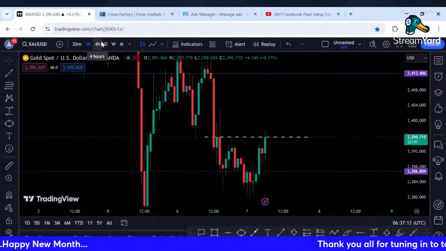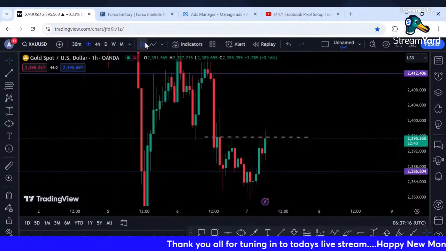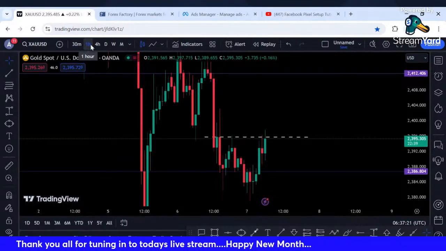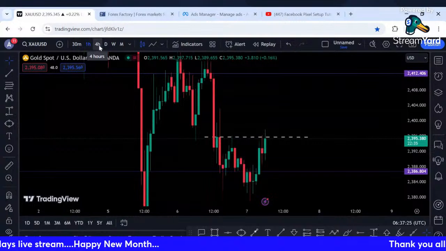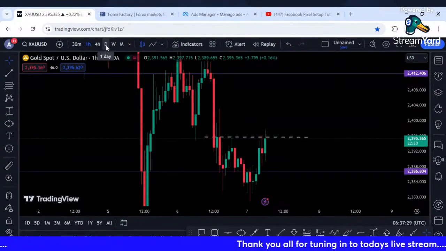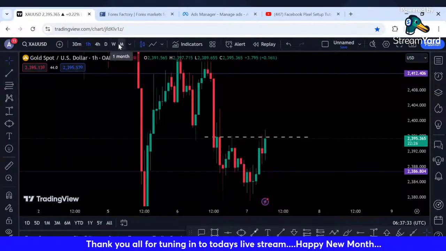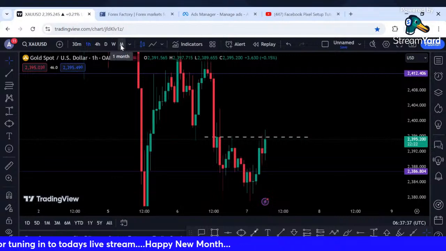The H means hour. If you see D, it means daily, a day. If you see W, it means weekly. Monthly means a month.